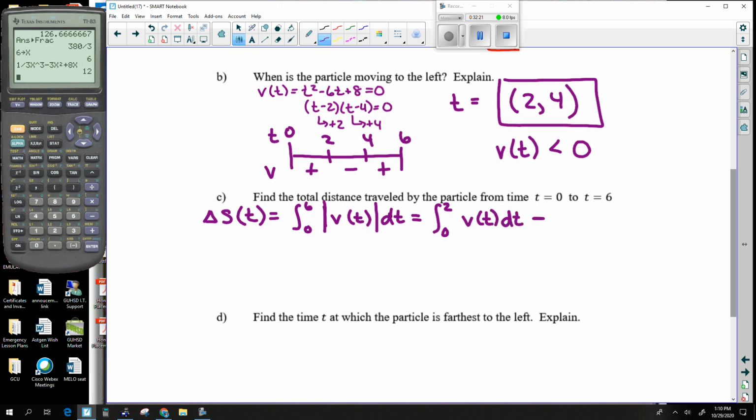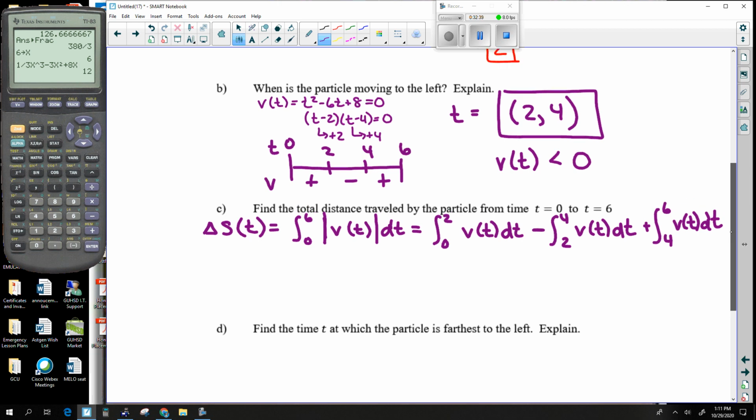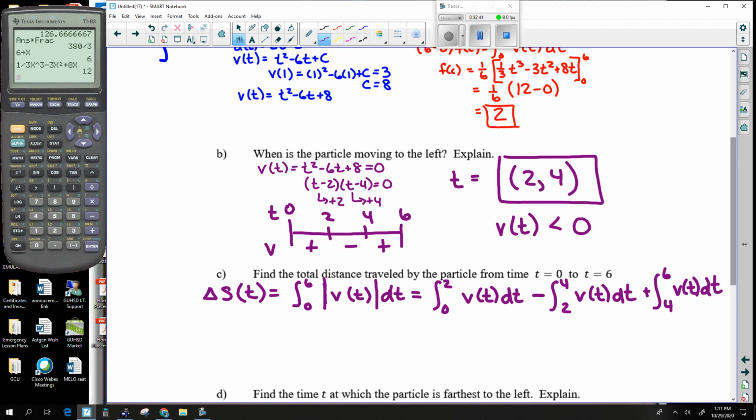Then it turns negative, so I subtract to turn it positive from 2 to 4. And then it's positive again from 4 to 6. And I already figured out the integral. That is the value of what is on the inside of that. That's the integral of velocity.